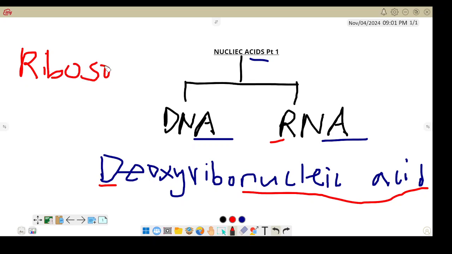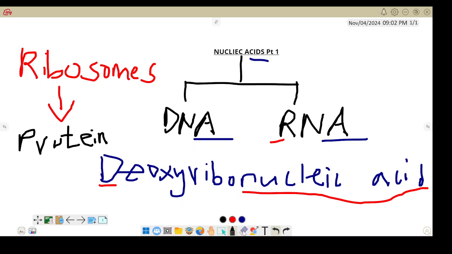We know ribosomes very well. Ribosomes are very tiny structures of the cell which play a role in protein synthesis.